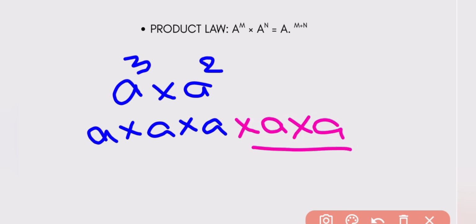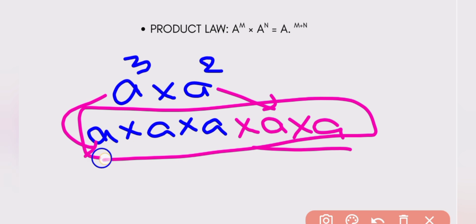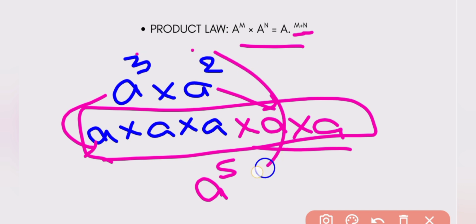Now this a into a is this thing, and this a cube is here. So when we add it together, it will give us a to the power 5. According to the law, the powers will be added, so 3 plus 2 will give us 5.